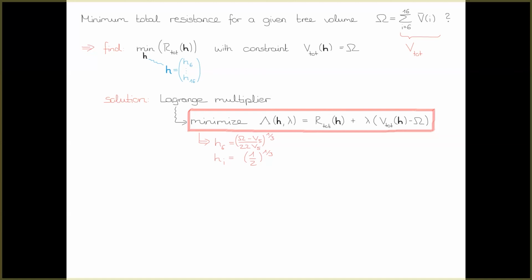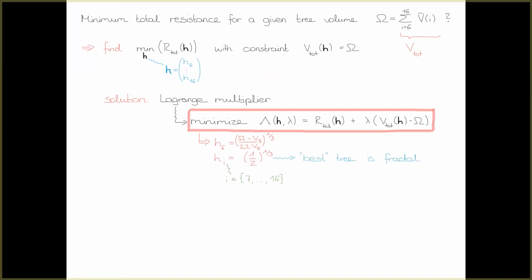We just want to optimize from generation 6 on. Okay, so what comes out actually is this here, that for all these reduction factors, irrespective of the generation i, it is 1/2 to the power of 1/3. That's basically the result of this optimization problem. That's for generations 7 to 16.